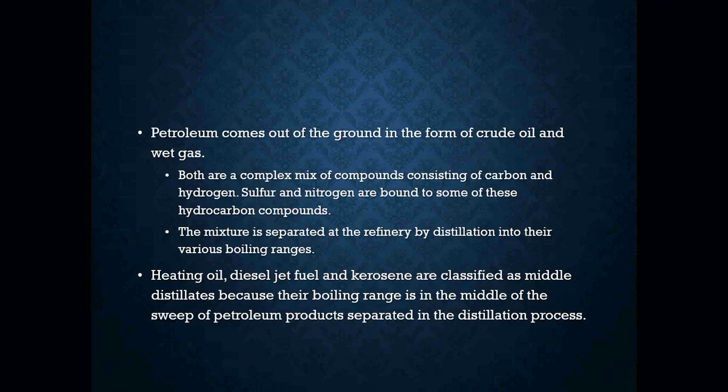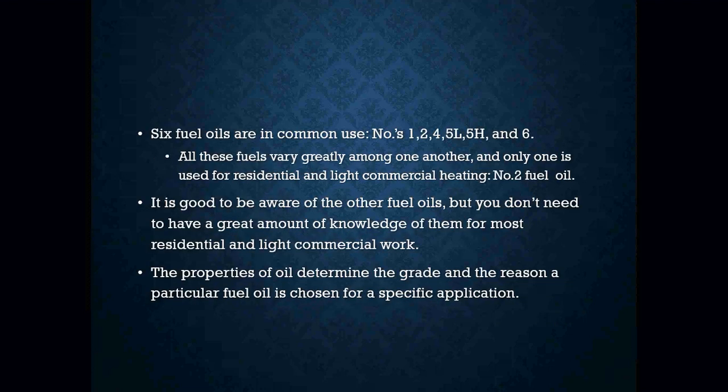Hydrogen is going to boil off at a specific range, and carbon, sulfur, nitrogen, all that stuff, we're going to separate it. Your heating oil, diesel, jet fuel, and kerosene are classified as middle distillates because their boiling range is in that middle of the sweep of petroleum products separated in that distillation process.